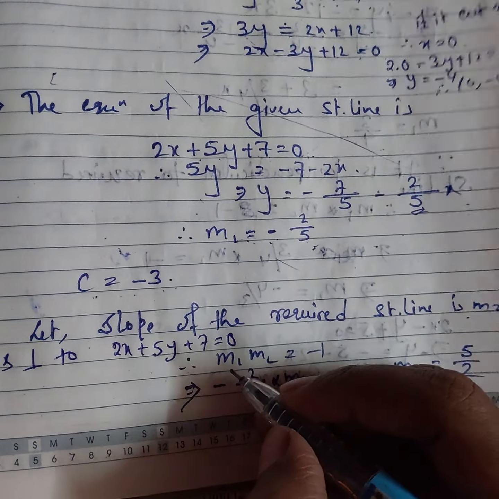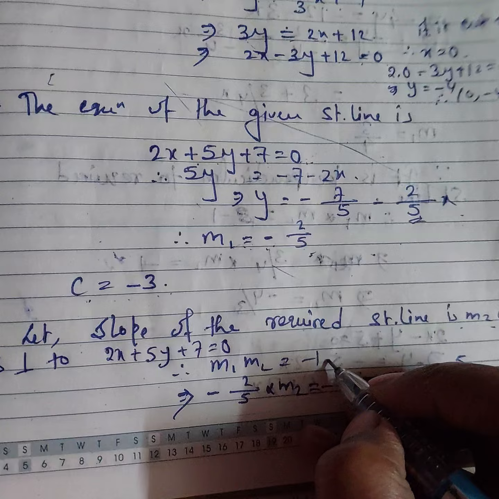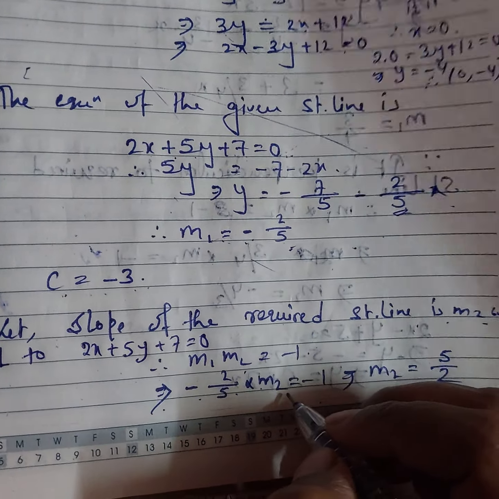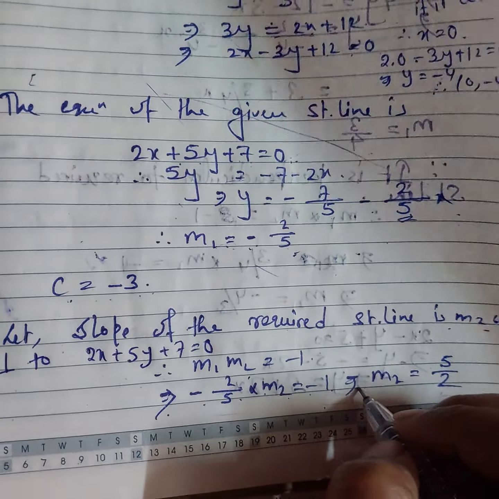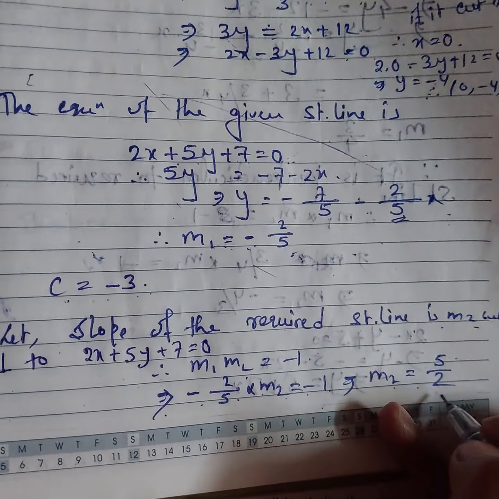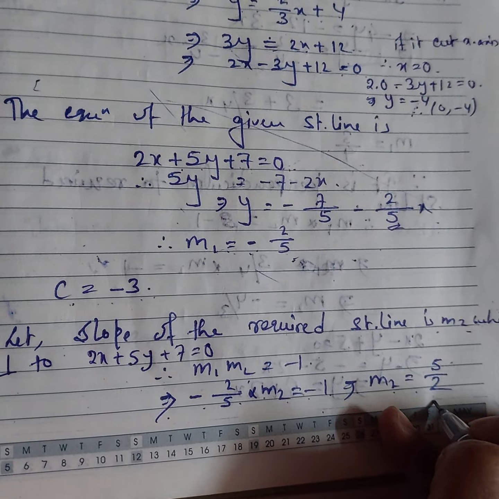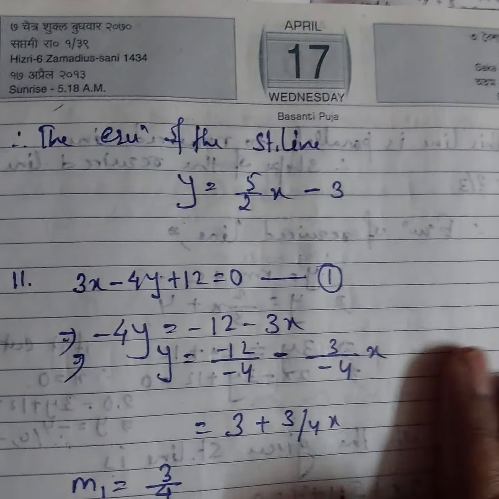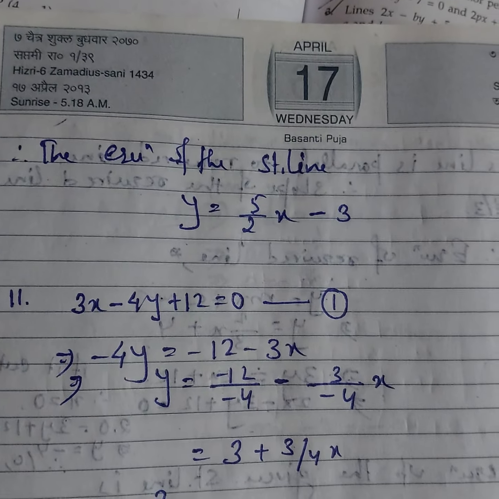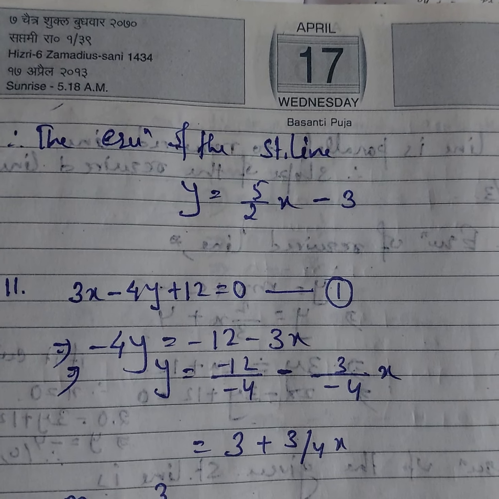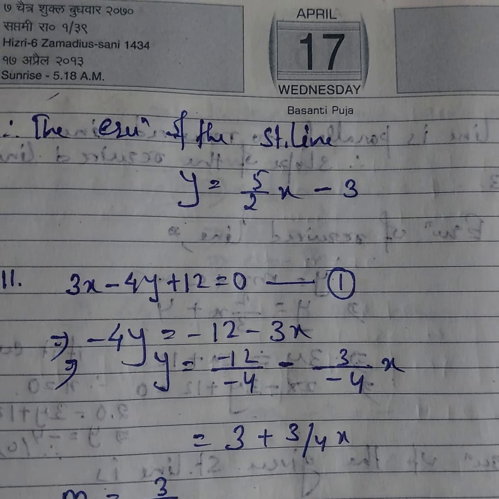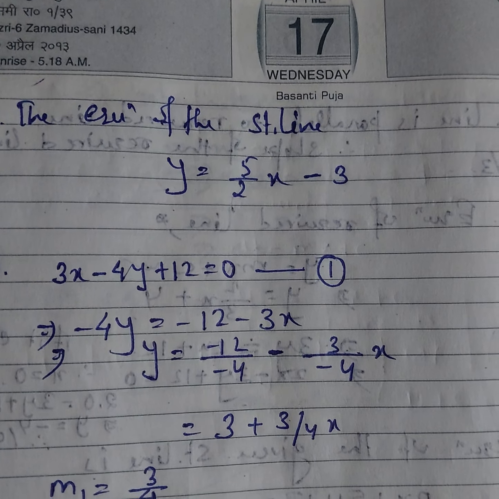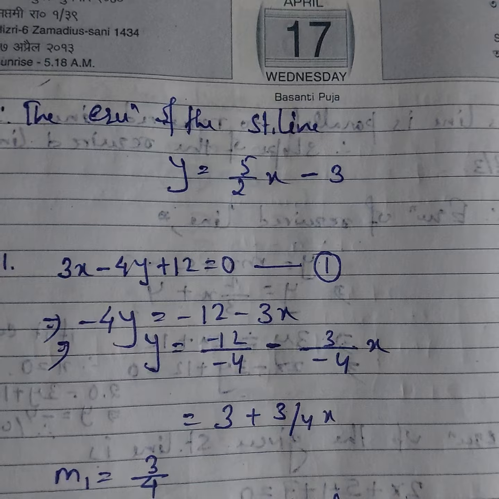Therefore m1 into m2 is equal to minus 1, that implies minus 2 by 5 into m2 is equal to minus 1, that implies m2 is equal to 5 by 2. So the required equation will be y is equal to 5 by 2 x minus 3, because the slope is 5 by 2 and the y-intercept is minus 3.